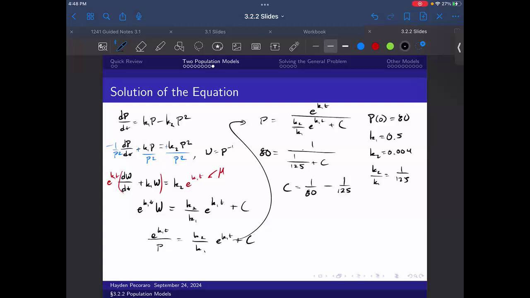Actually, calculator here, we can do that. 1 over 80 minus 1 over 125, getting 0.0045 for that. Okay. So there's our solution. e to the 0.5t over 1 over 125 e to the 0.5t plus 0.0045.